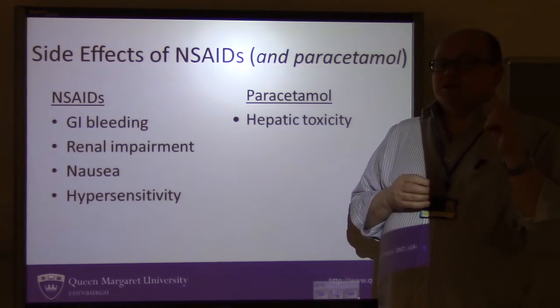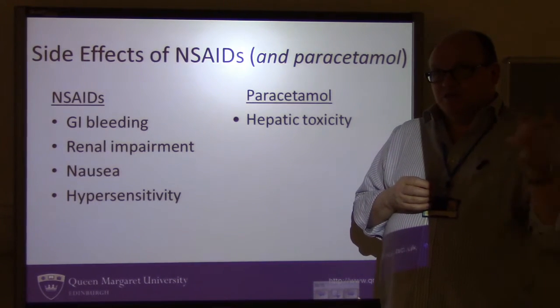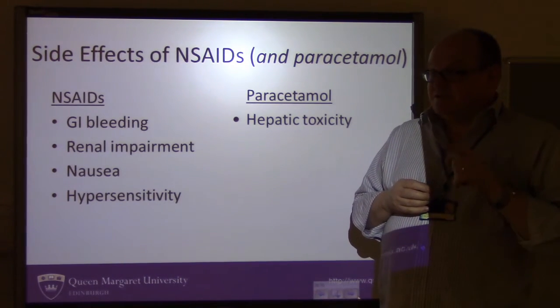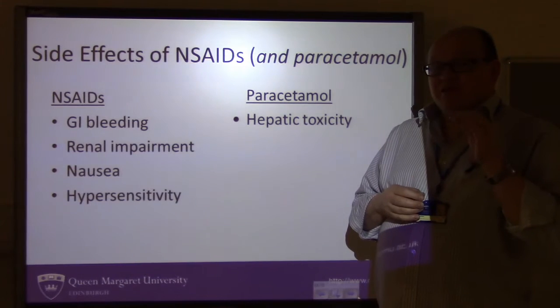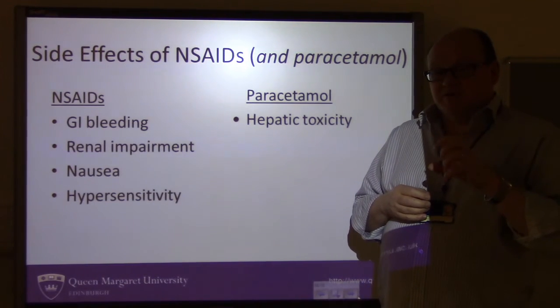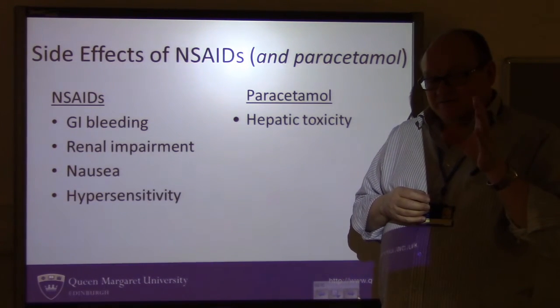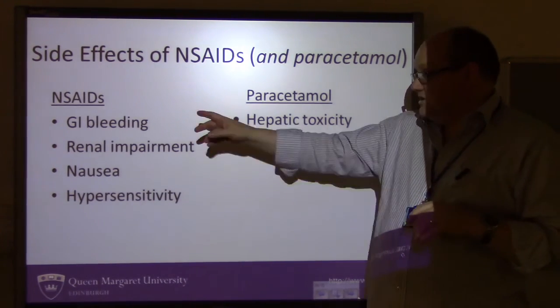If you block cyclooxygenase, you block the production of prostaglandins there as well. You get therefore the acid environment activates and antagonizes the lining of the stomach, and you get GI bleeding.